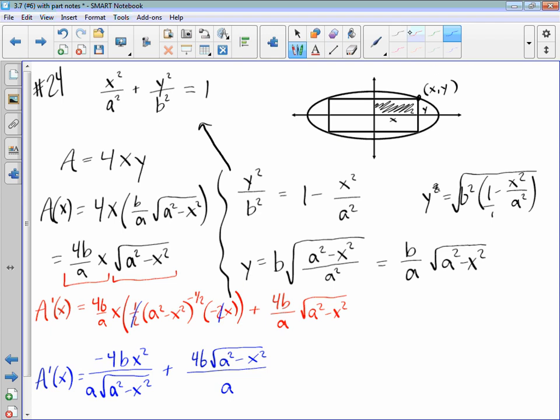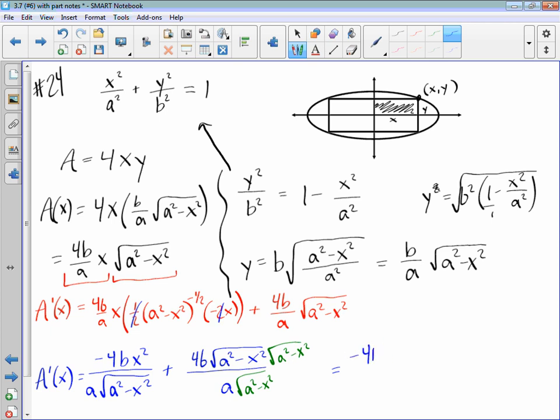What's my common denominator going to be? This whole thing here, yep. So I'm going to multiply by my square root piece on top and bottom back here. And like I said, it's not as bad as it looks, because what happens when I multiply these square roots? It just goes away, right?